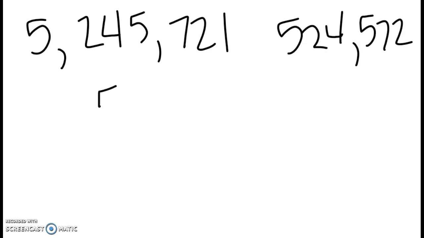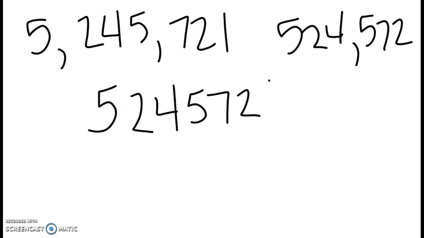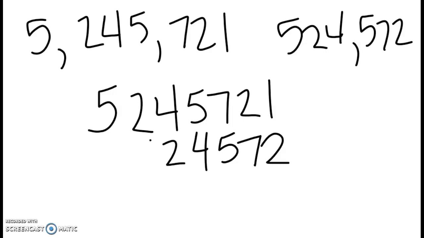But look what happens when I line them up. Now I want to make sure that I'm lining them up correctly, because notice this first number goes into the millions. The second number only goes to the 100,000s. It's only 6 digits. The first one is 7 digits.